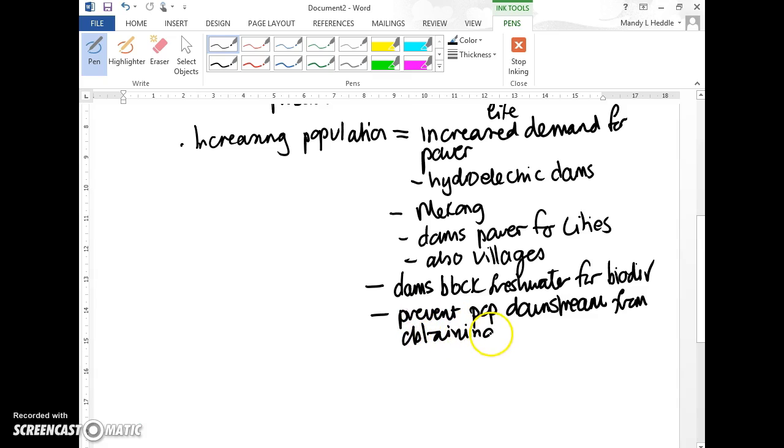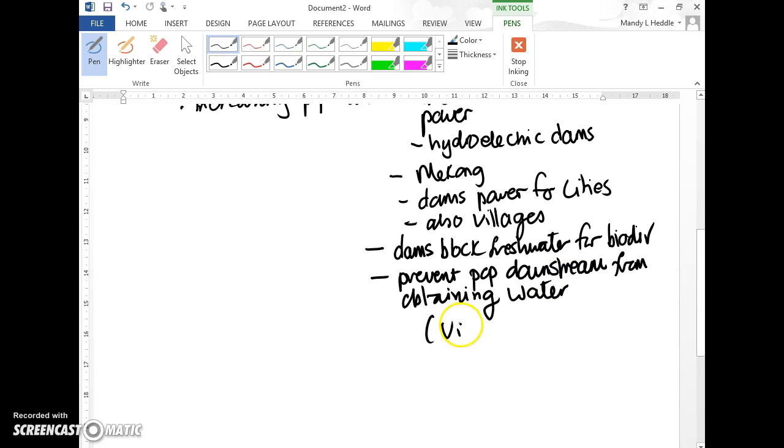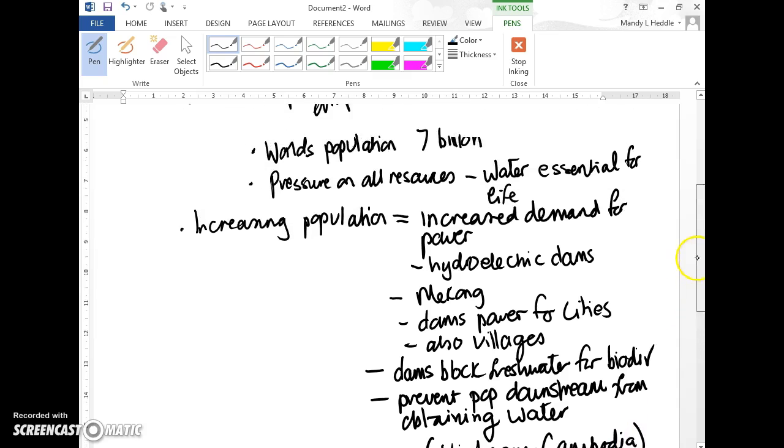In this case, Vietnam and Cambodia are quite worried about their access to fresh water if Laos, China, and Thailand install these dams on the Mekong.